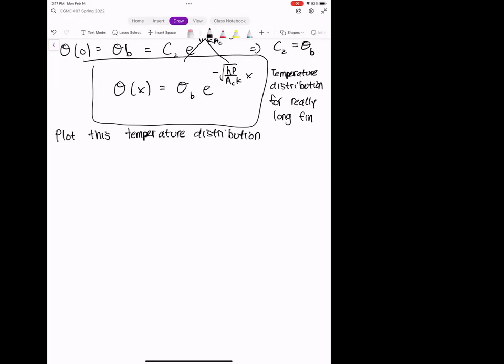If we have a plot, it looks like this. On the x-axis, we have x, and on the y-axis, we have theta. This plot is going to start at theta b, and that's going to be the high point of the graph. And then it's going to be an exponentially decaying function, so it's going to look something like this.